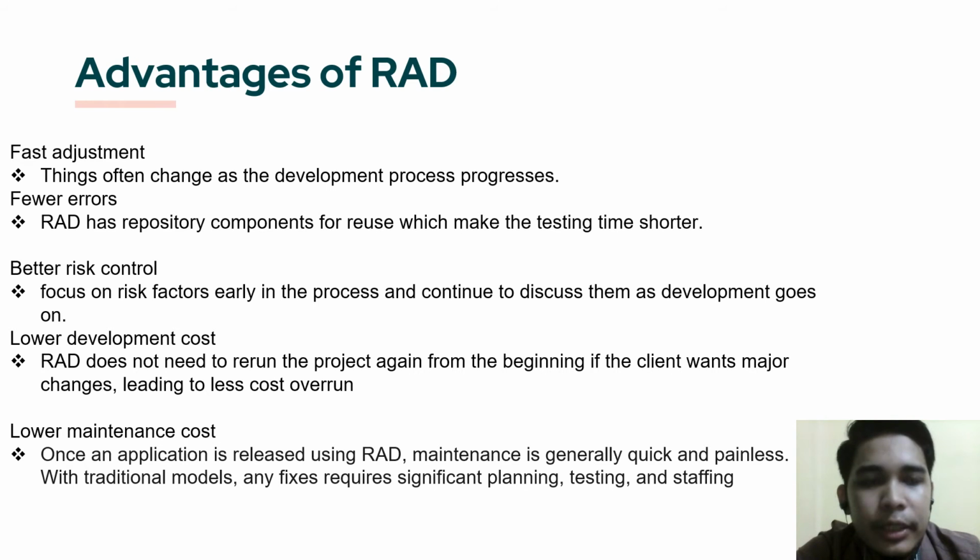With the traditional model, any fix requires significant planning, testing, and staffing. And the last one is better risk control. With RAD, we can focus more on risk factors early in the process and continue to discuss them as development goes on.